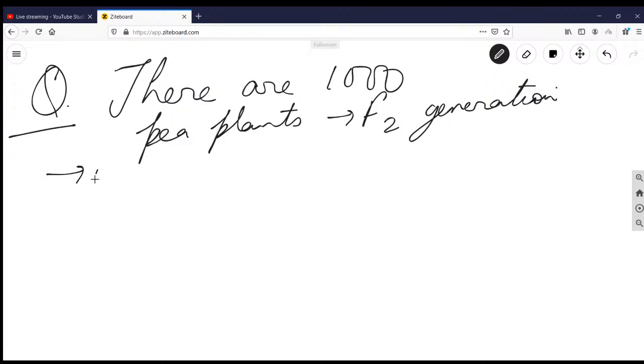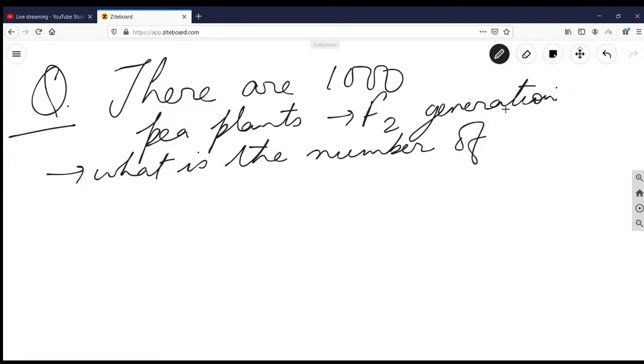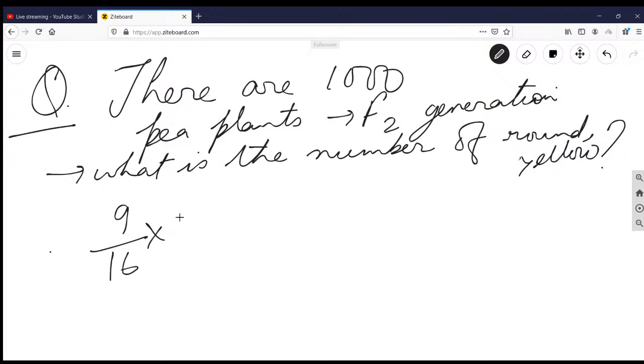So what is the number of, let's take the first one only, round and yellow. What is the number of round and yellow? So how will you get it? 9 by 16 into 1000.